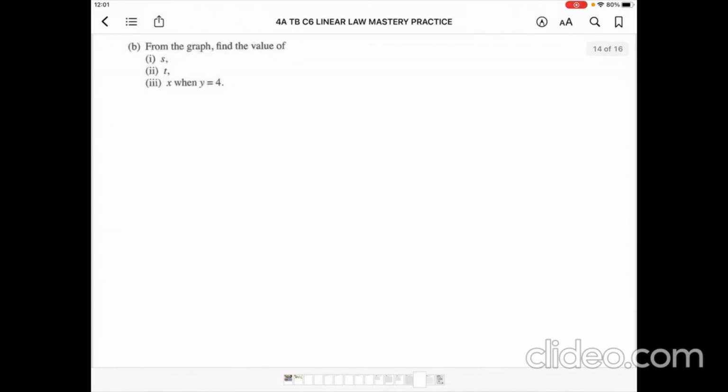You know that to find s and t, you need to start from your equation y equals s t to the power x. Introduce log base 10 on both sides of the equation. Break this up, log 10s plus log 10t, and the power x you can transfer in front.